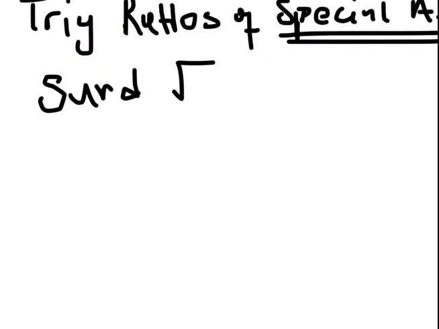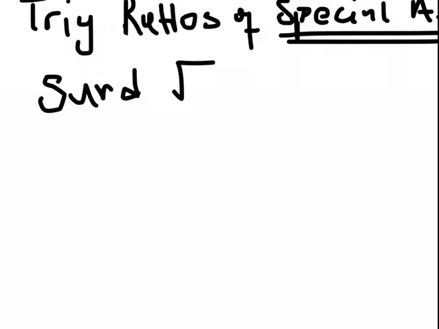So let me take you through a very quick lesson regarding the additions and subtractions of surds. Not only that, I will also go to the part for multiplication of surds.